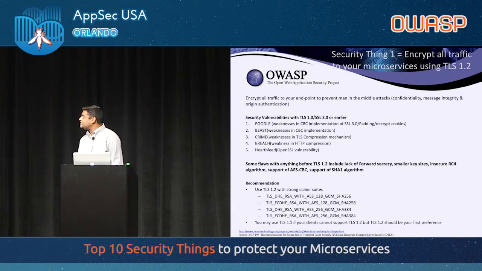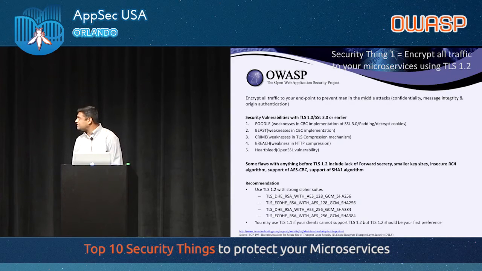Poodle exploits that weakness, and it is able to play around with the padding to finish the block size, and then they will be able to decrypt session cookies if the attacker is successful. If you have session cookies, it's the keys to the kingdom. If somebody knows your session cookie, they can create a session, and they can just be you on that website. So protecting cookies, we all know, is very important.